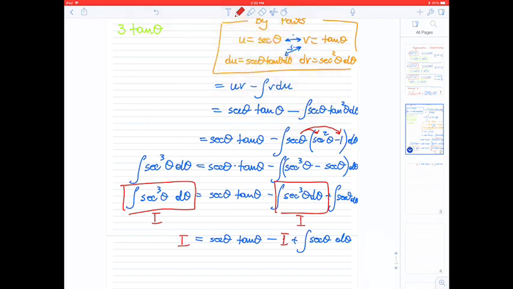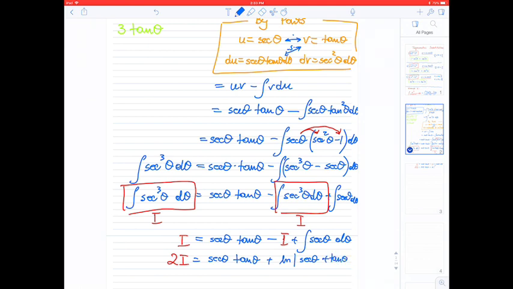I can add I to both sides. I will have 2I equals secant theta tan theta plus the integral of secant. That's another integral. I can give you the formula right away: the integral of secant theta is the natural log of secant plus tangent.